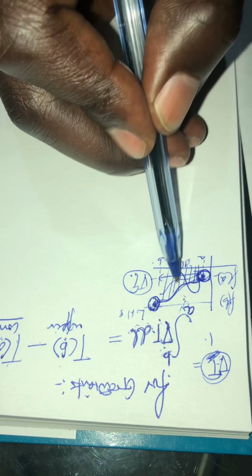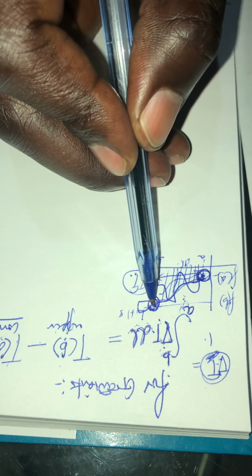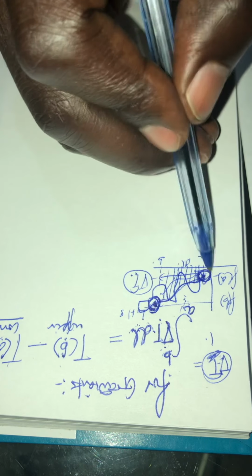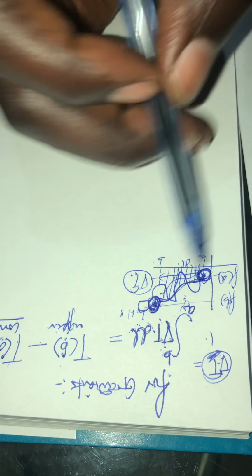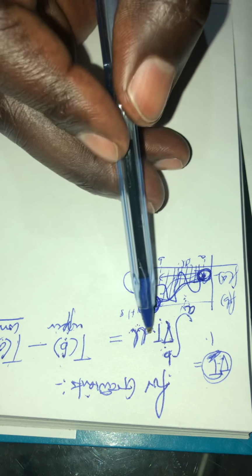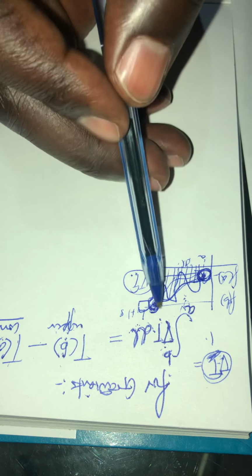So even if you decide to move like this and come back to A, the path you have taken does not matter. What matters is the starting point and the end point. Because the two are equal.